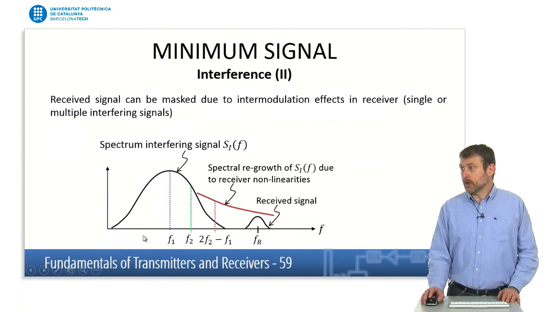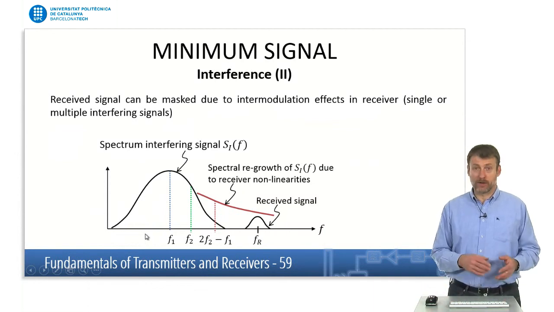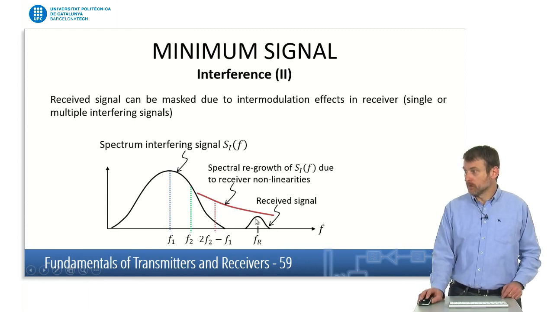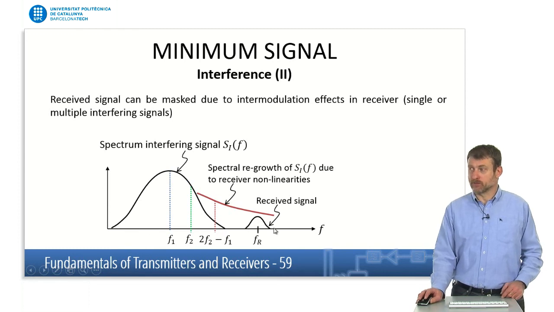Also, interference can be combined with nonlinearities. Sometimes we have an interfering signal whose spectrum would not overlap with our received frequency, but our receiver is very nonlinear, and therefore the spectrum that should have been decaying decays much more slowly, because here we have intermodulation products at 2f2 minus f1 that are much stronger.